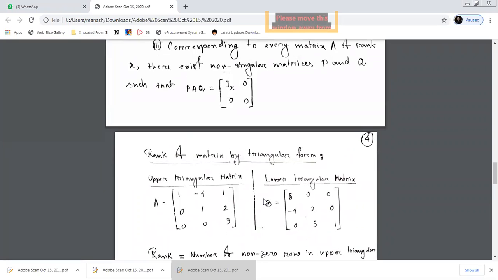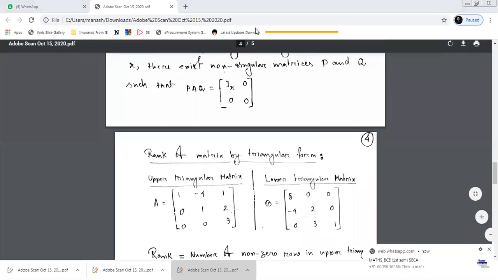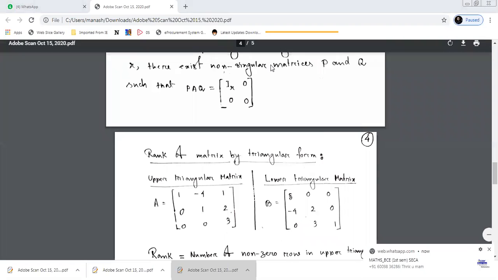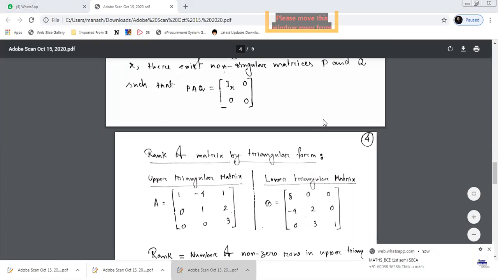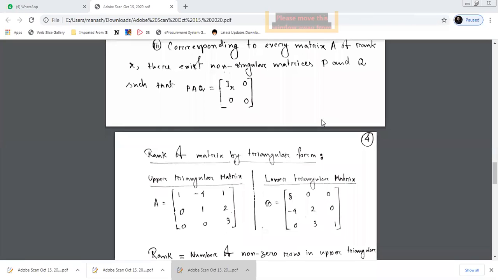Now you tell me, what is the rank of a non-singular matrix? Anyone tell me? Kaushik, tell me, what is the rank of a non-singular matrix? It may be wrong also, no problem.